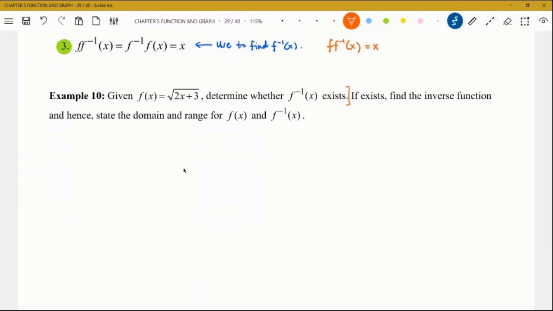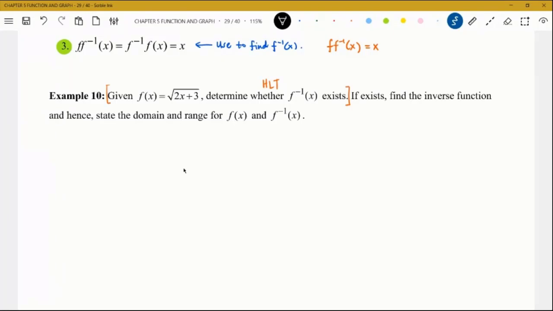So in order to determine f inverse exists, it means you have to do the horizontal line test. Okay, sebabkan kita tak belajar sketching square root, kita boleh pakai method untuk algebraic. Okay, algebraic method untuk horizontal line test.